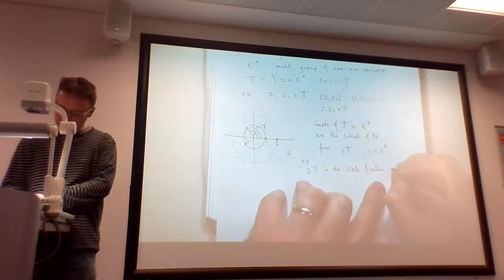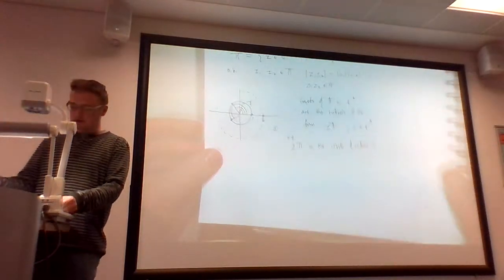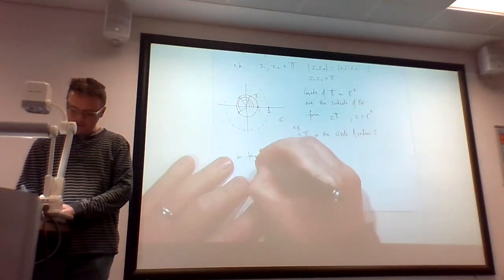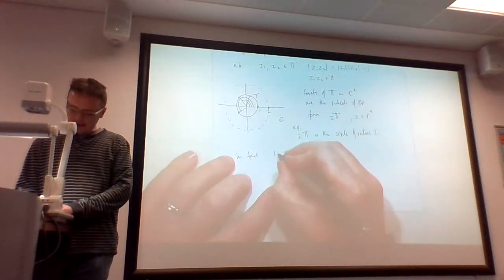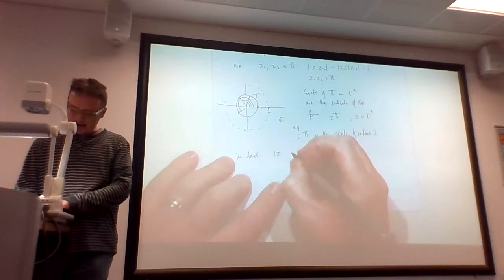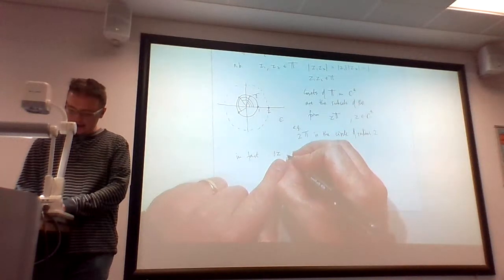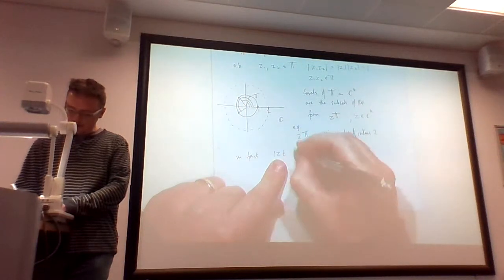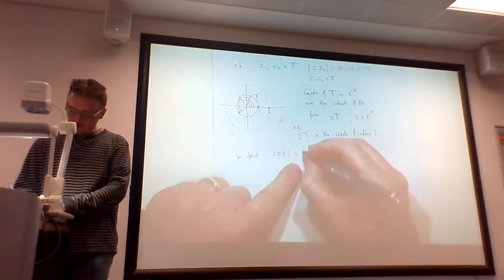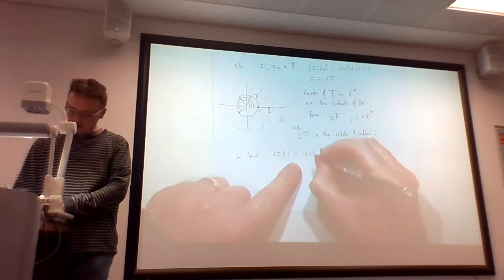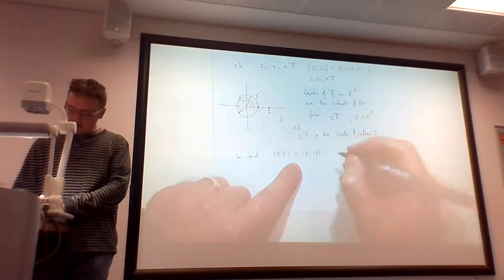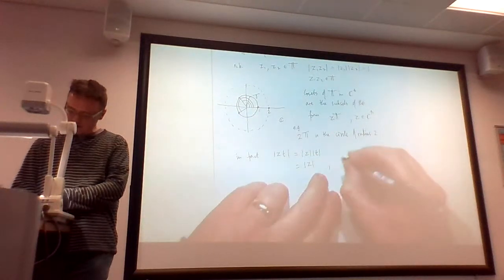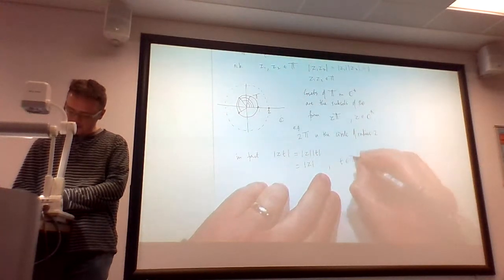But you think about complex multiplication. If you take any z and multiply it by a t, the modulus of a product is the product of the moduluses. So that's going to be equal to the modulus of z. Here t was one of the elements from the group.